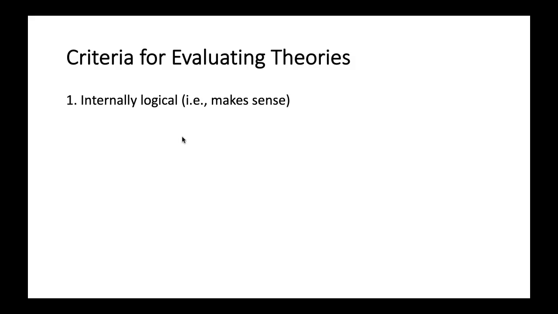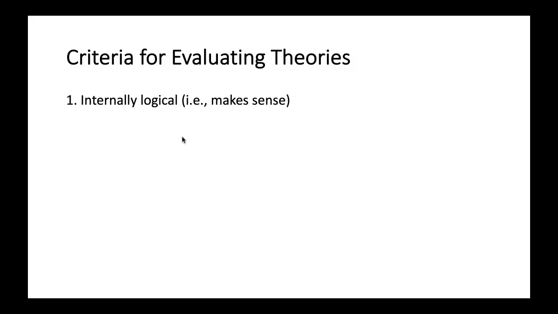So the first criterion for evaluating the goodness of a theory is that good theory is internally logical, right? It just makes sense. If you think about the last two parts of the theory of planned behavior, the concept of intention leads into the behavior itself, whether or not someone's going to engage in that behavior. It's a linear relationship between our intention to engage in a behavior and actually engaging in it.